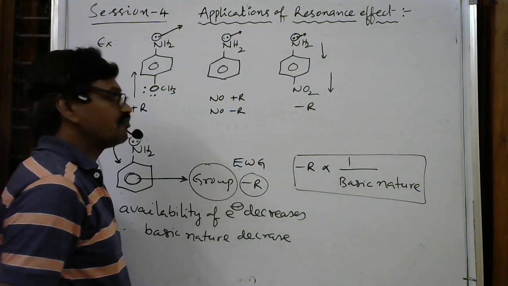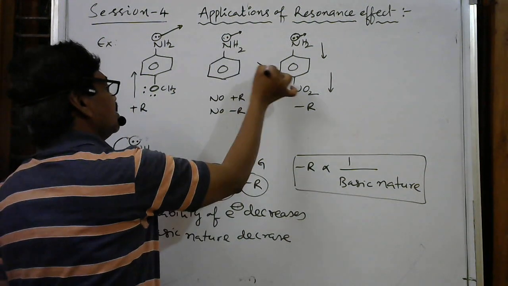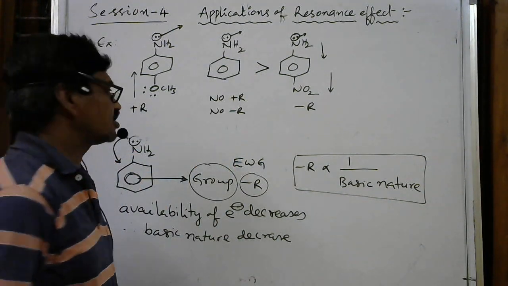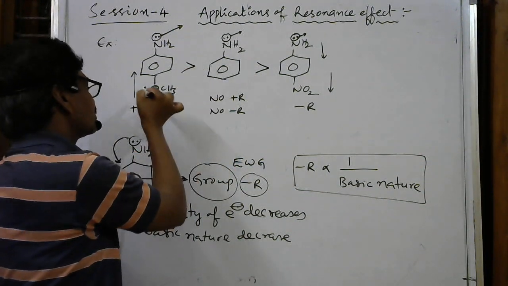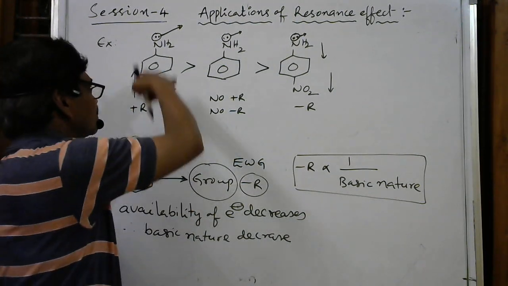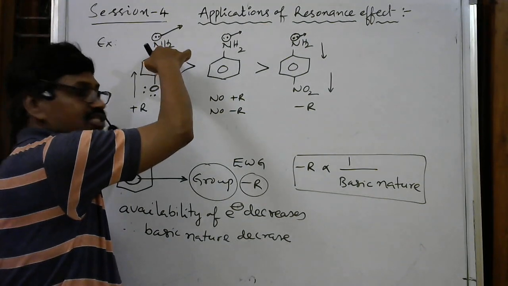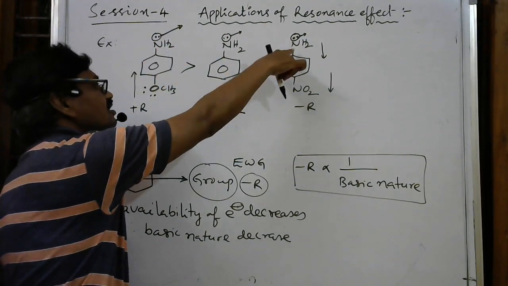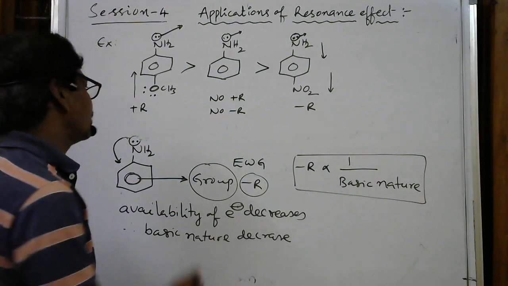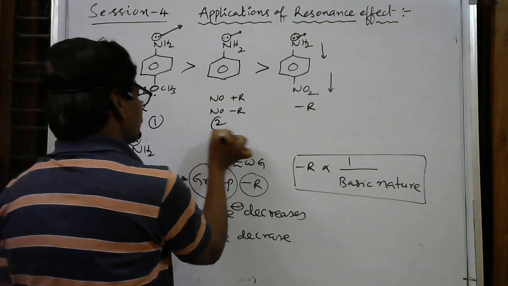So what is the order of basic nature? This one is weaker than normal aniline without any plus R or minus R group, and the plus R group containing aniline is more and more stronger, because of the plus R effect, more availability of electrons takes place on nitrogen, here less availability of electrons. Questions like these they may ask. They may give 1, 2 like this representation in the question.